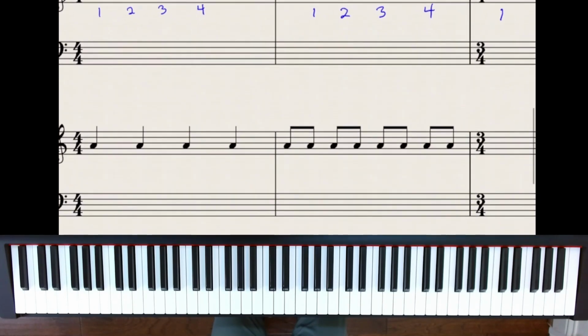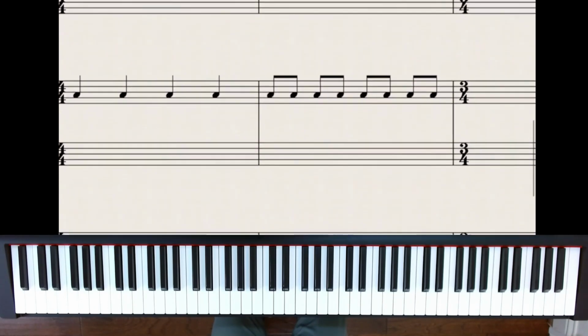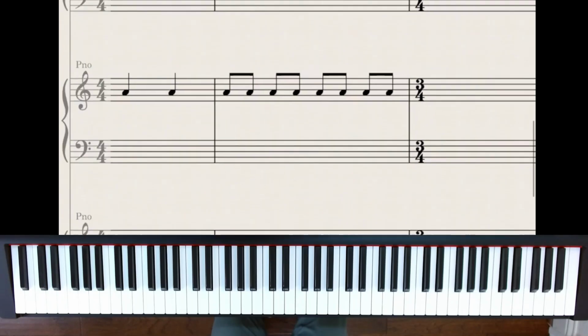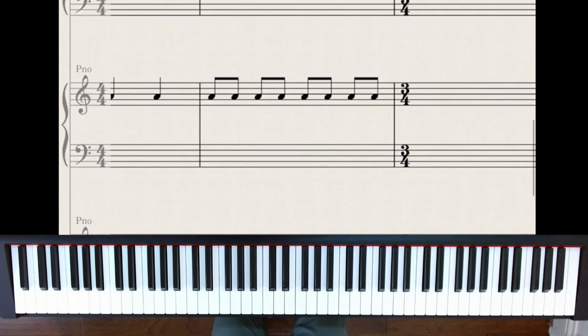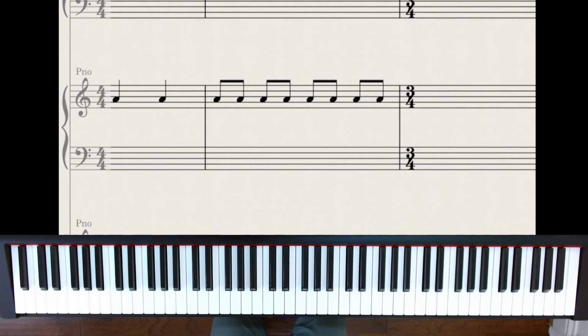Okay, and so now for the last set of notes we're going to learn, or note type we're going to learn, is what's called the eighth note. And the eighth note is equal to a half of a beat. Okay?